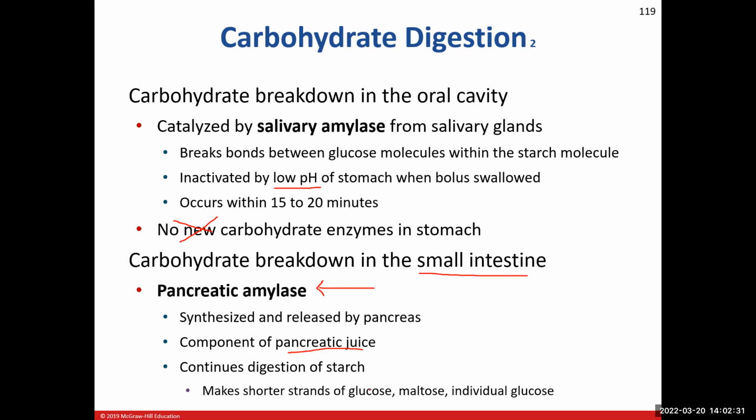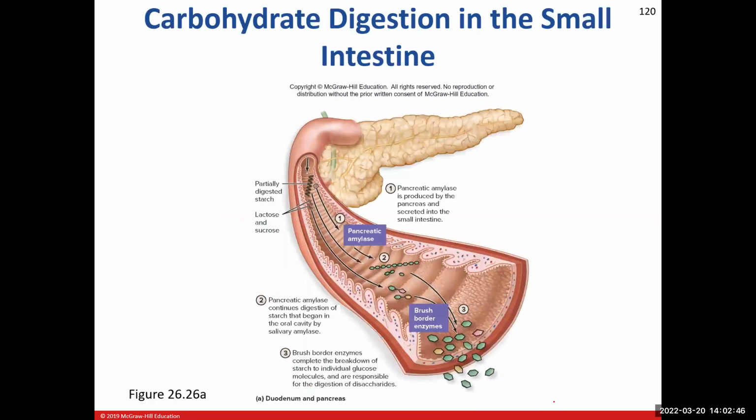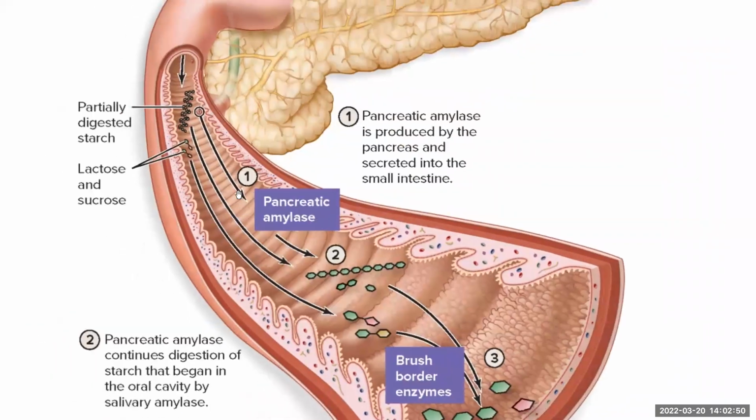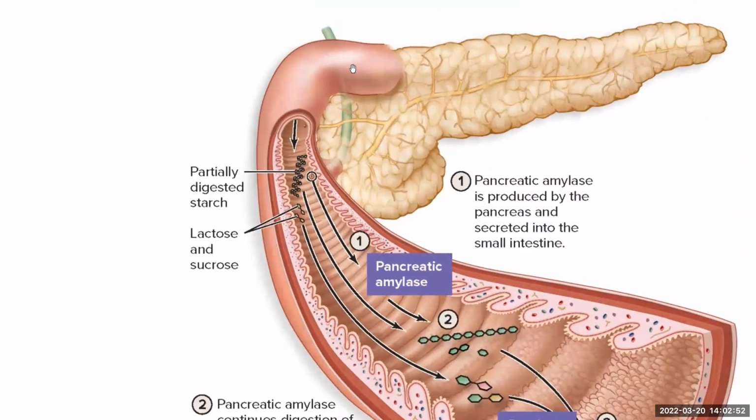Again, we are going to make much smaller strands of our carbohydrates. And even in some cases, we'll be able to cleave off individual pieces or monomers of glucose. I love this picture because it basically shows you, I'm going to zoom up here to the top. All of that stomach contents gets dumped into our small intestine in the form of chyme.